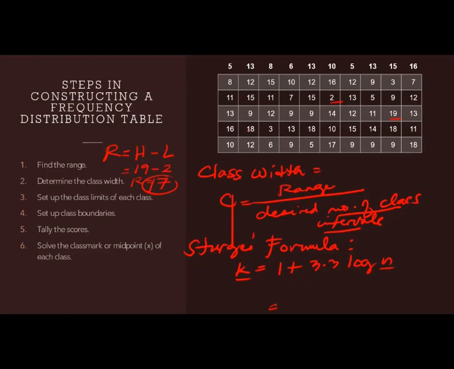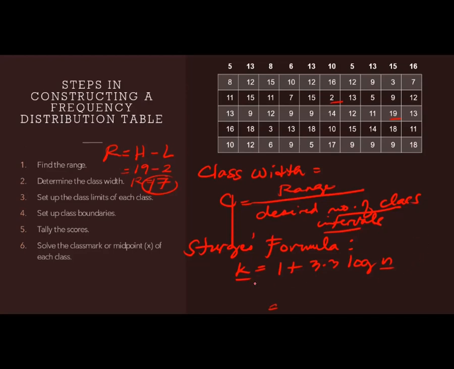In our example here, we count a total of 60 scores. So we have 60 observations.